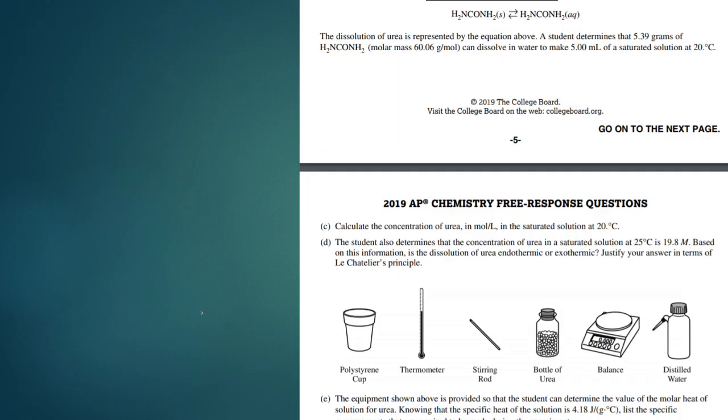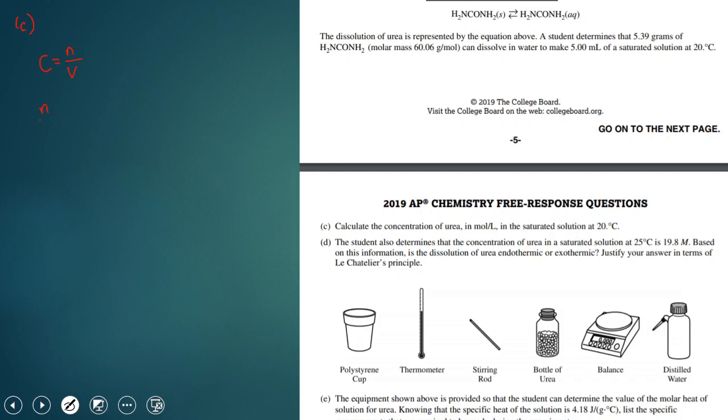It says calculate the concentration of urea in moles per liter. Keep in mind that our concentration is the number of moles divided by the number of liters. Now, above we were given only information on mass and molar mass. So how exactly do we get moles?